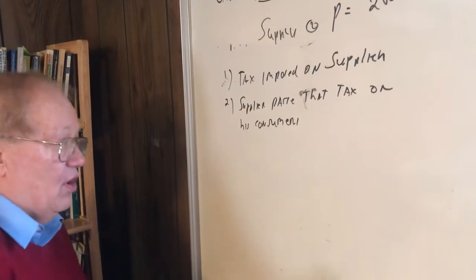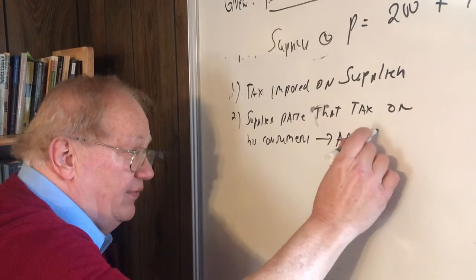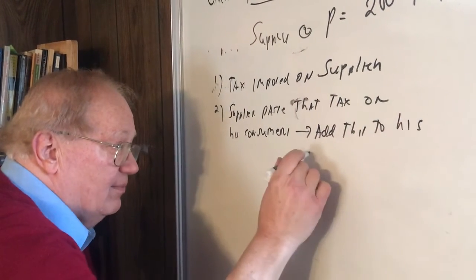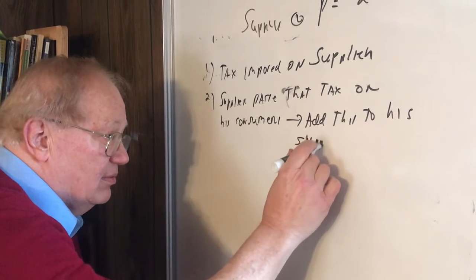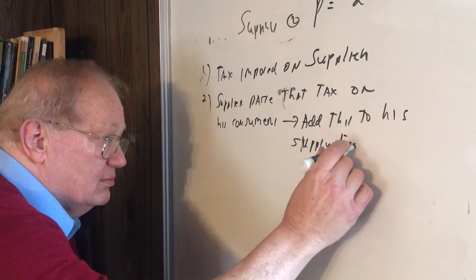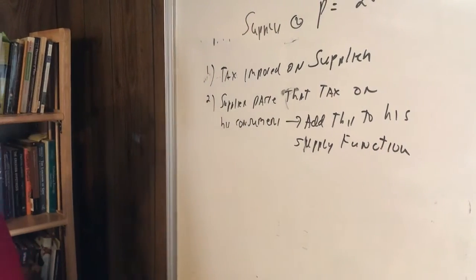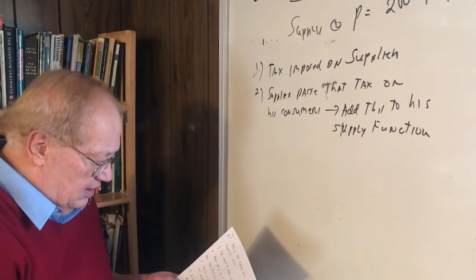So he would add this to his supply function, increasing his price. That's why we put the tax per unit in his supply function.